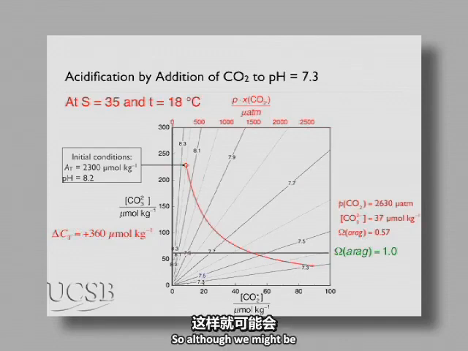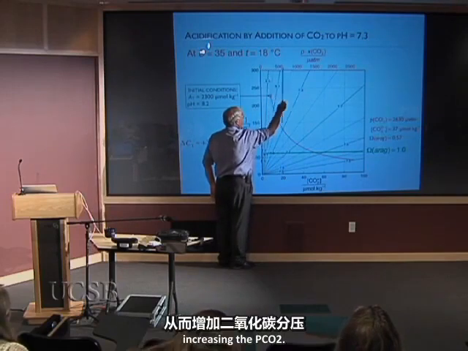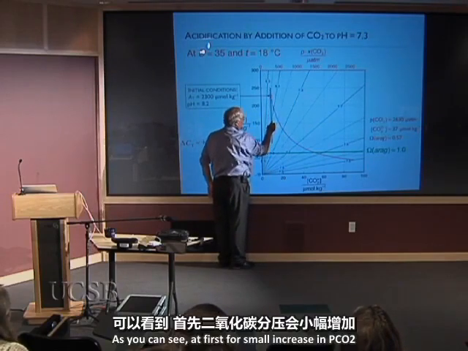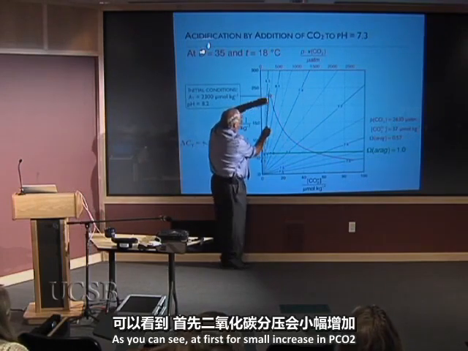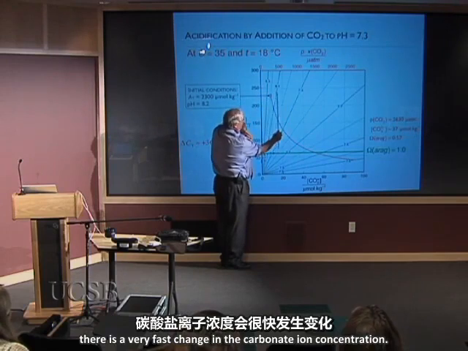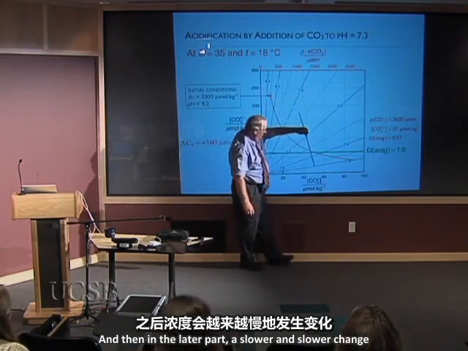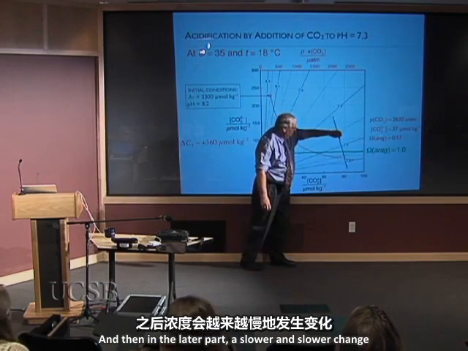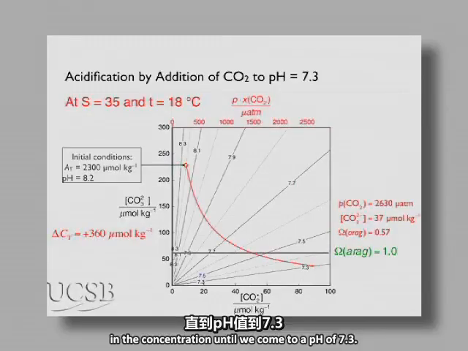So although we might be changing the concentration of the gas phase and increasing the PCO2, as you can see, at first, for a small increase in PCO2, there's a very fast change in the carbonate ion concentration. And then in the later part, a slower and slower change in the carbonate concentration until we come to a pH of 7.3.